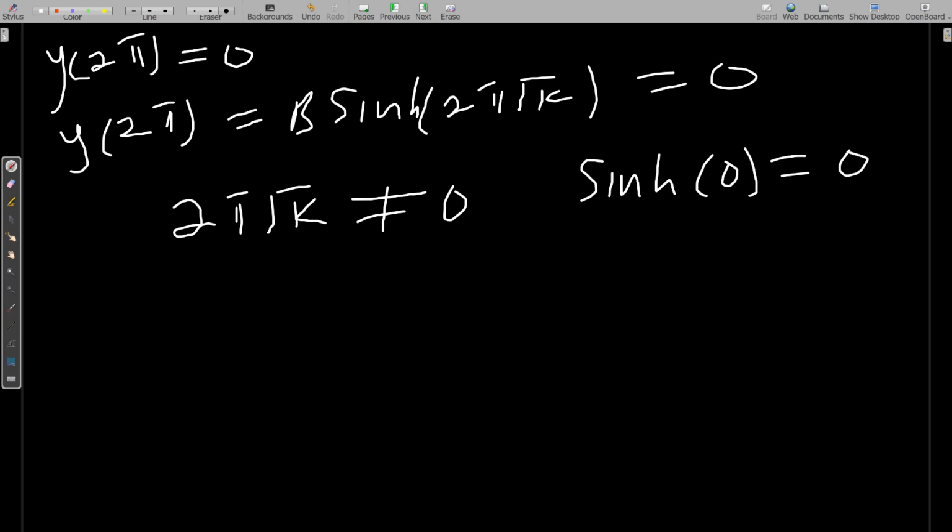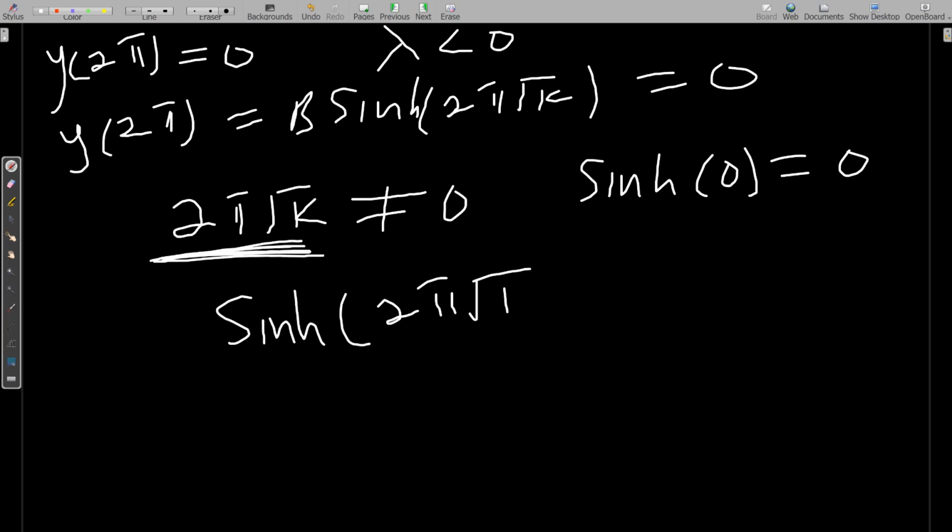Now, you are saying that lambda is less than 0, and that minus lambda will be a positive something, and then when it's less than 0, it's never equal to 0. And so this bracket here, that is 2 pi square root of k, would never be equal to 0, meaning sinh of 2 pi square root of k will never be equal to 0, because sinh of 0 is only 0 when you have 0 as the argument. That is the only thing that gives 0.